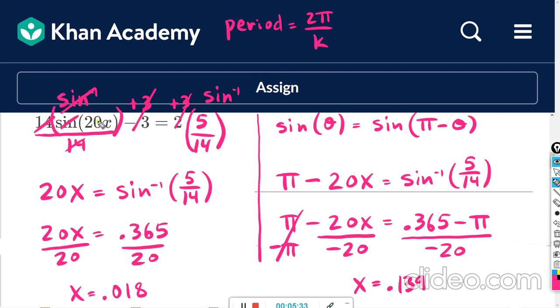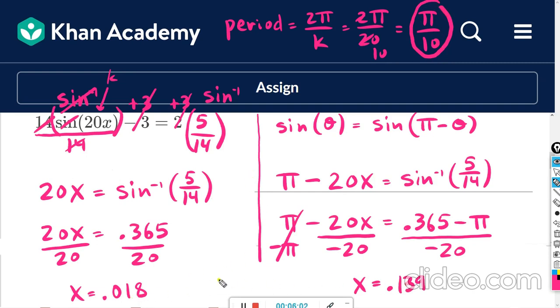And we said k was the coefficient of the angle, so that's the number multiplied by the variable. We can see right here that k is 20. So this is going to be 2 pi over 20. And of course 20 divided by 2 is just 10. So the period is going to be pi over 10.